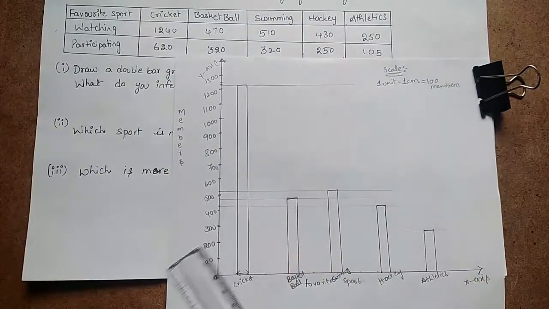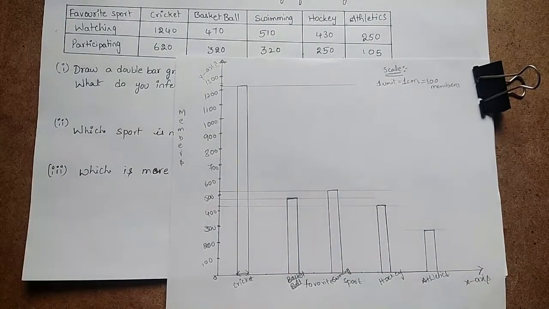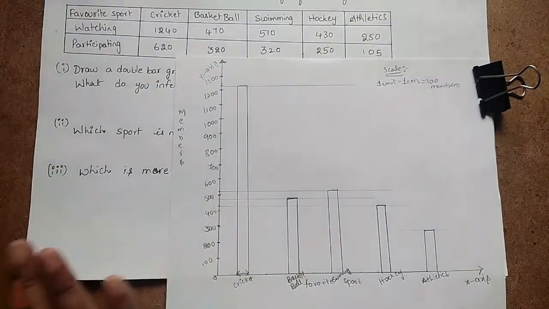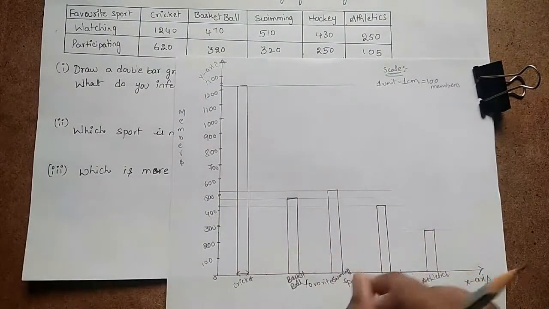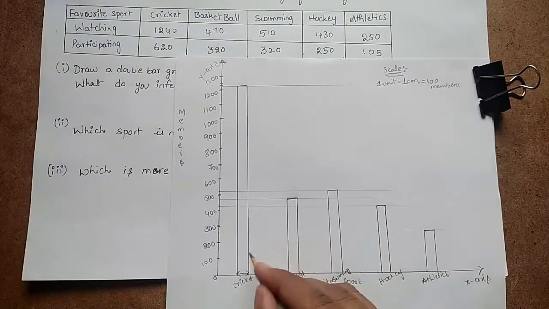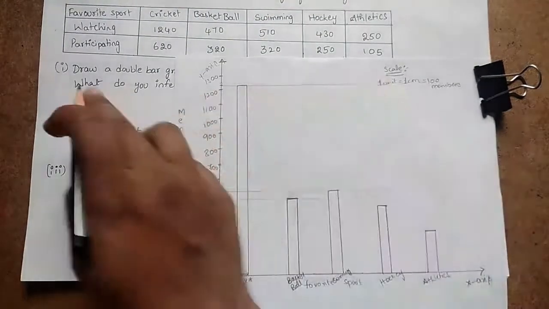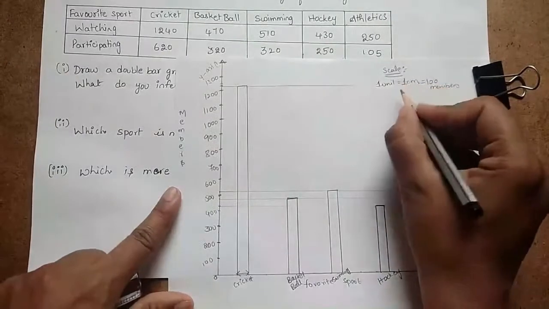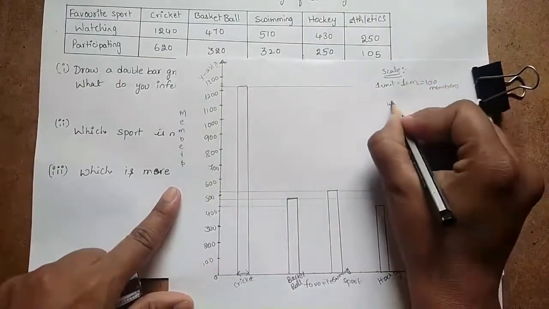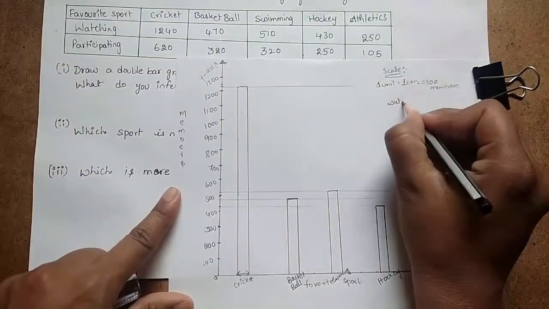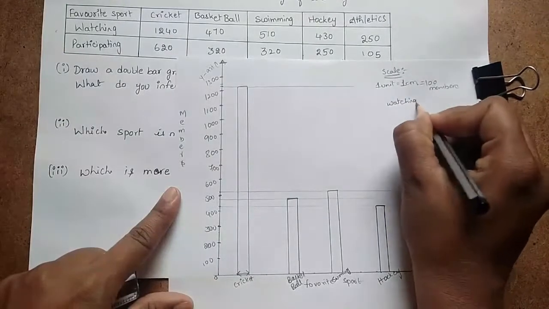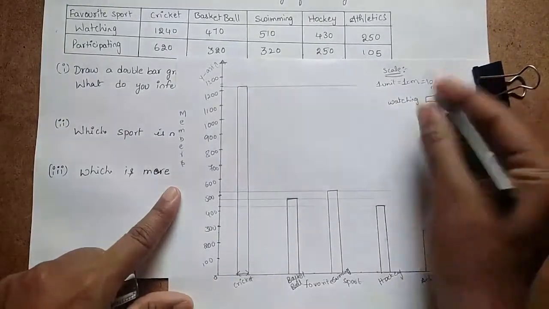Next, coming to the participating. So here participating is different from the given bar graph. This is the plain one. We are taking participating as checks. So I am writing here watching is in white shape.